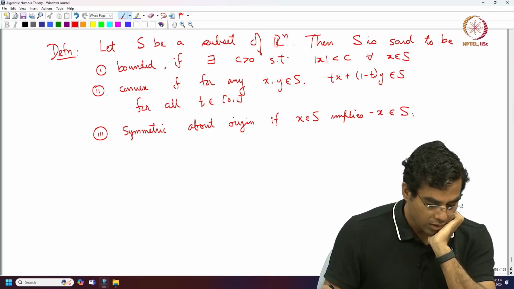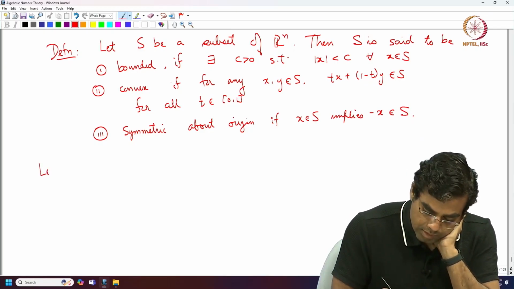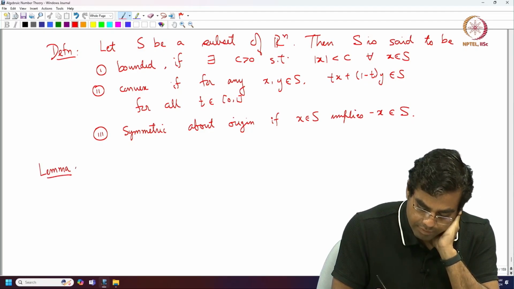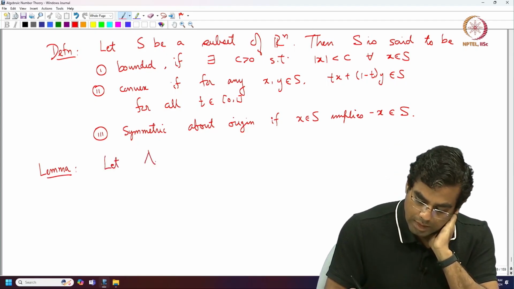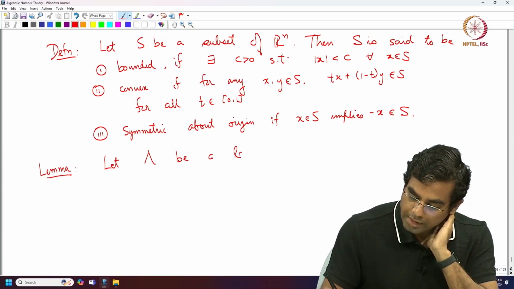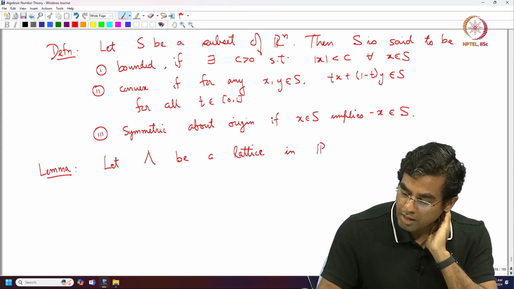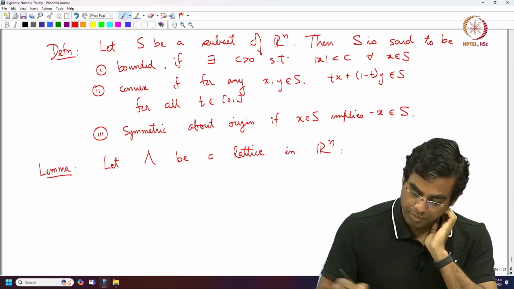Okay. All right. So, the main result about geometry of numbers that we are going to use is the following. Let Λ be a lattice in R^n.